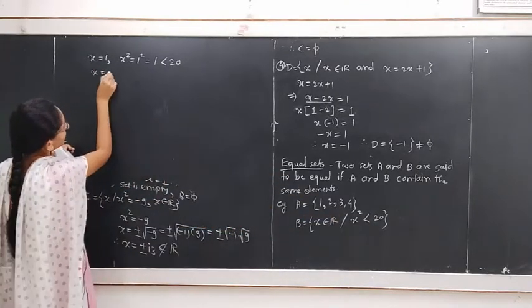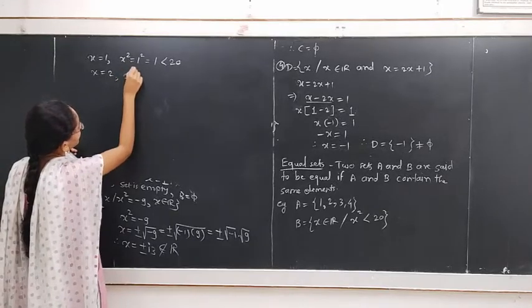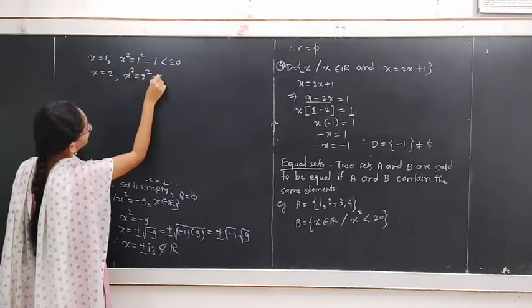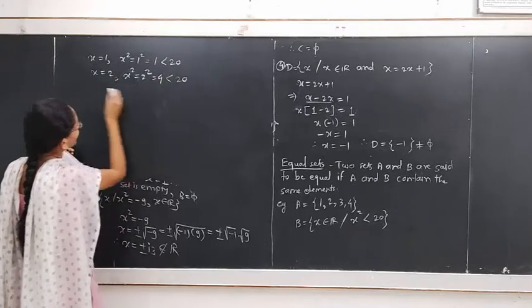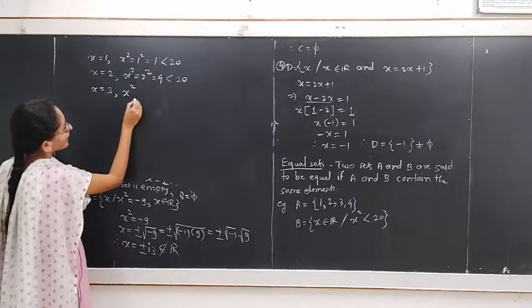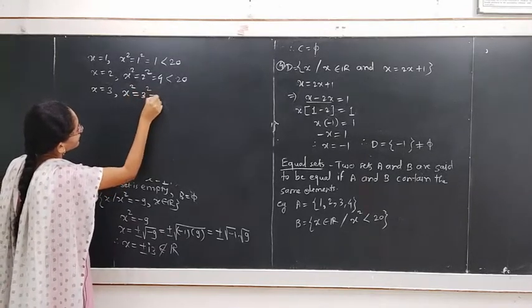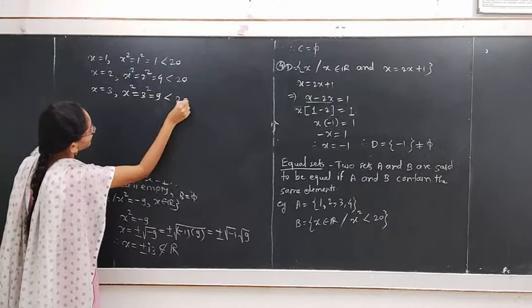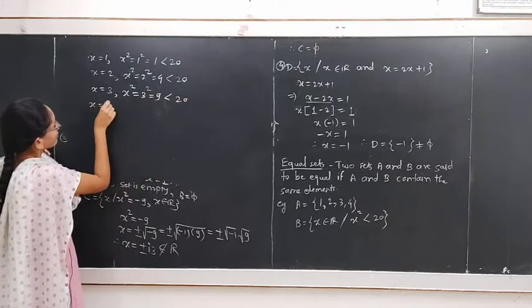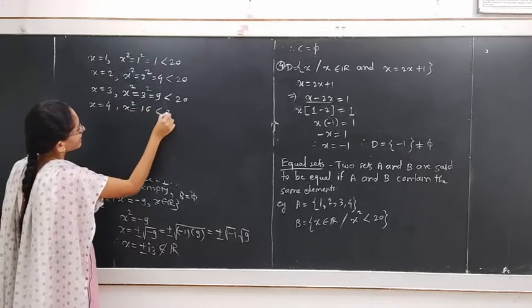If we consider x is equal to 2, then x square is 2 square, which is 4, less than 20. If we consider x is equal to 3, then x square is 3 square, which is 9, which is less than 20. If we consider x is equal to 4, it gives x square is 16, less than 20.